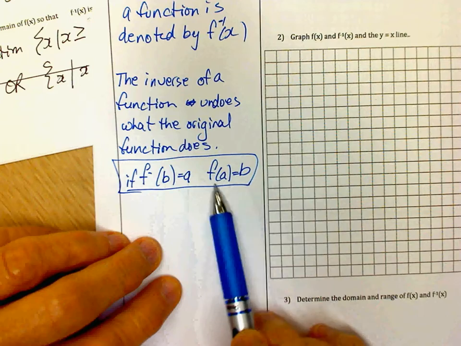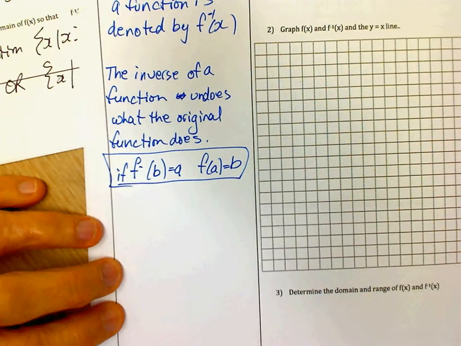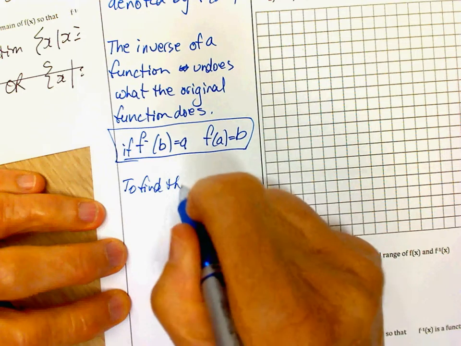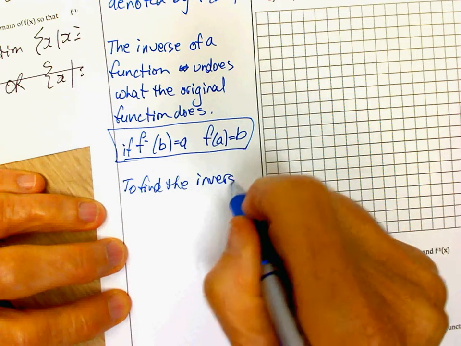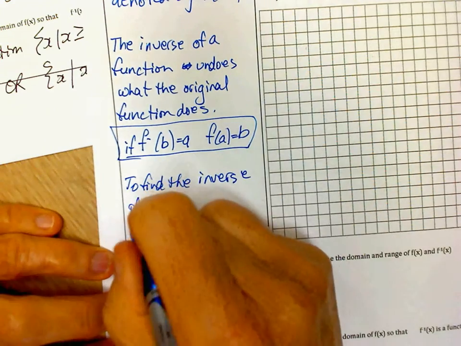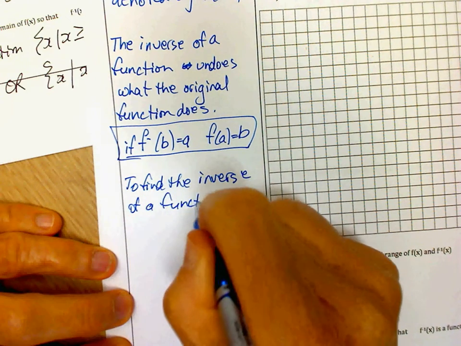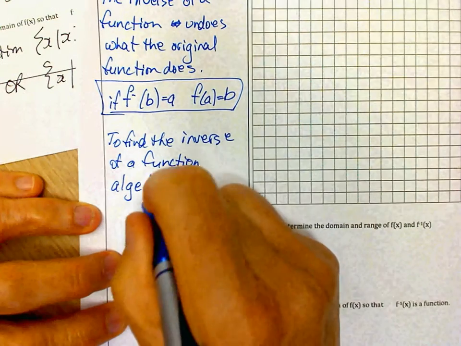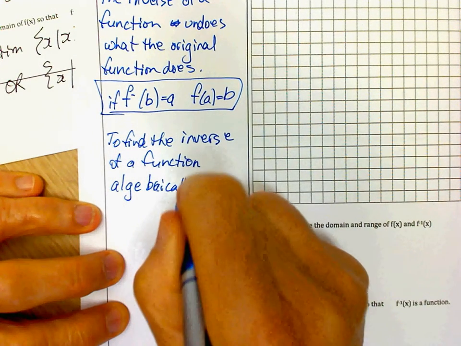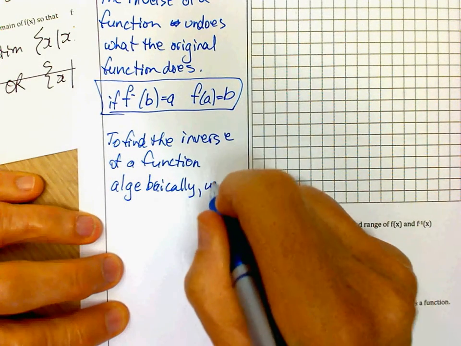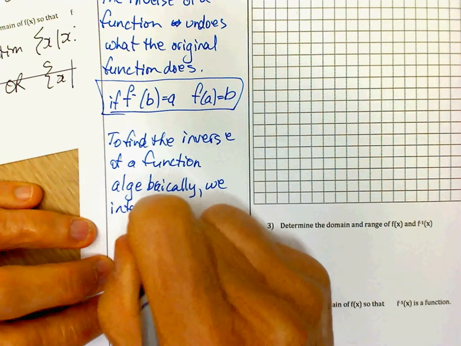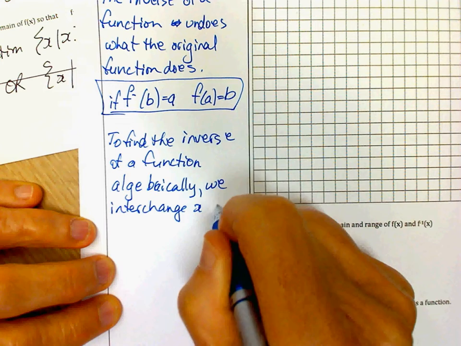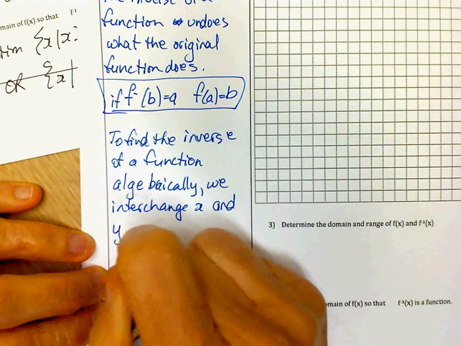Basically, to find the inverse of a function algebraically, we interchange x and y and solve for y.